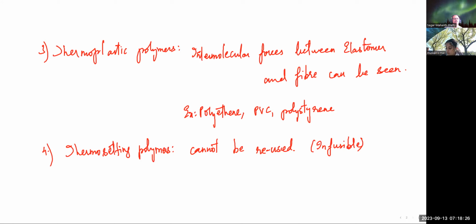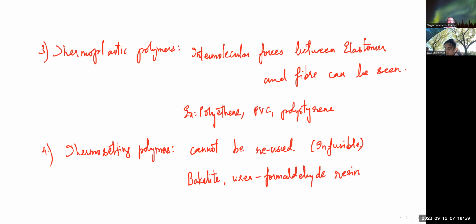That is the reason you find thermosetting polymers used in the form of bakelite, which is extensively used in electrical switches. It can also form urea formaldehyde resin. So these are the basic four kinds of polymers.